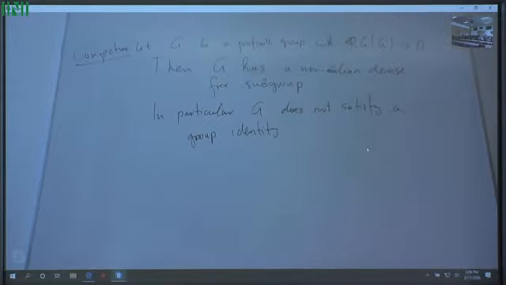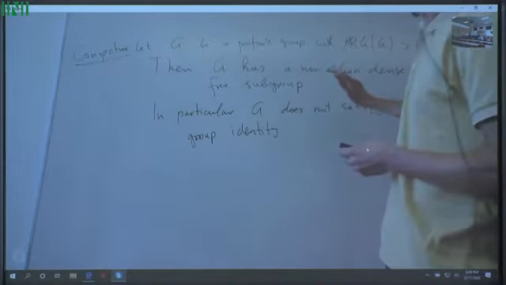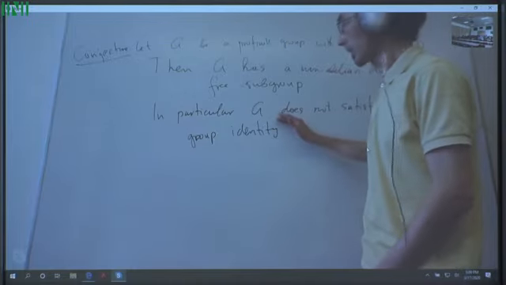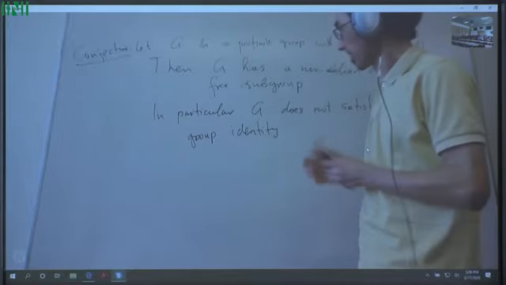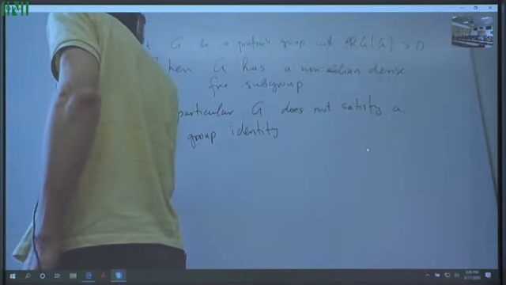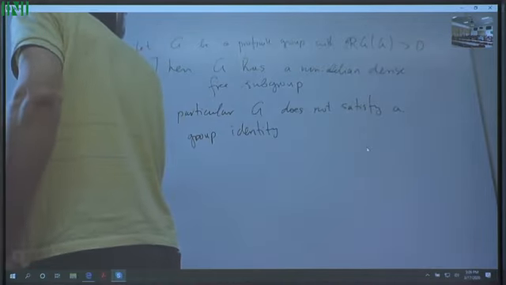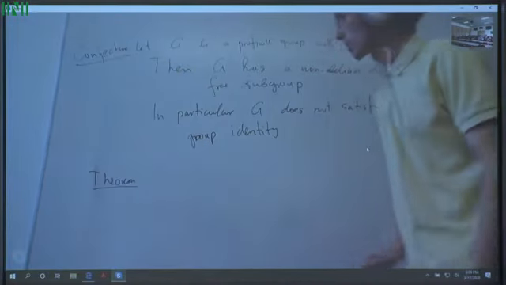It's a very simple conjecture to make, very natural also, I think. Now, I have to say that this is open to the best of my knowledge. Even the fact that G does not satisfy a group identity is open. I'm not aware of any result which gives it. So maybe I'll just say, okay, let's call it a theorem. It is really just an observation that puts together several deep results.